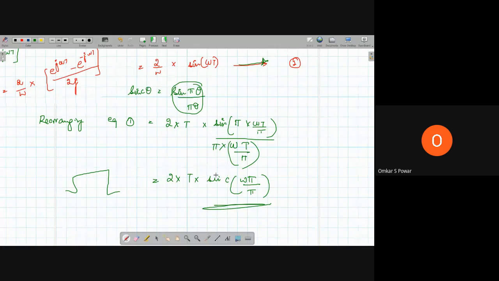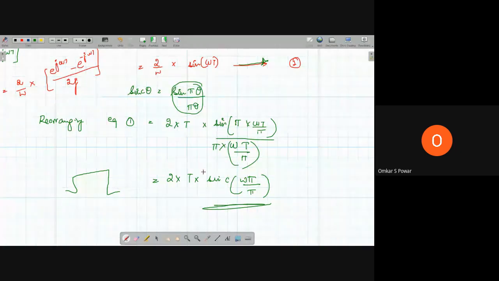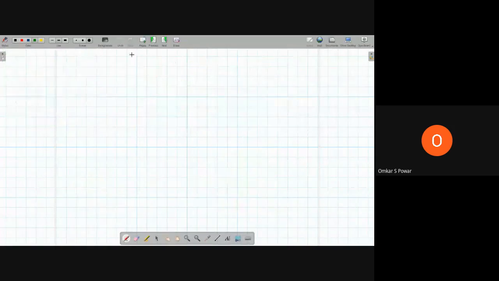Okay. So let me define the sinc function to you. I know you have studied it in mathematics, so again, I will refresh that for you. So what we have, X of omega, is 2t sinc(omega t / pi). Now, in the above equation, I will define what this sinc function is.